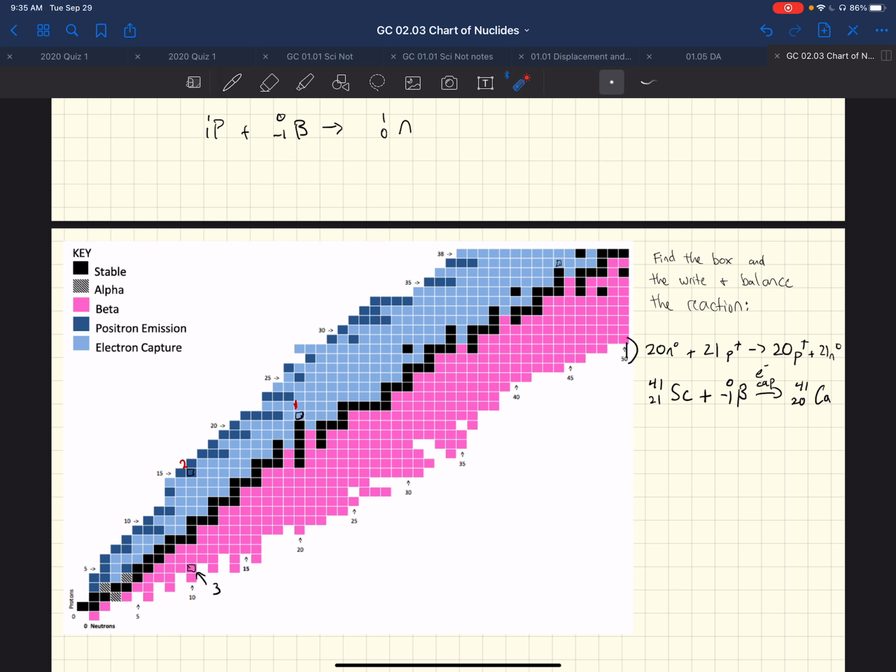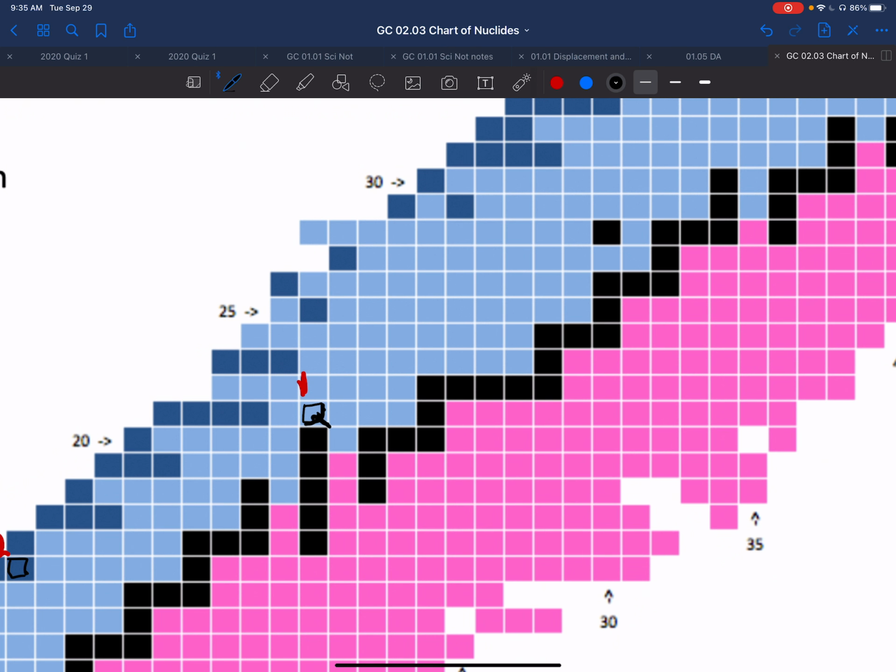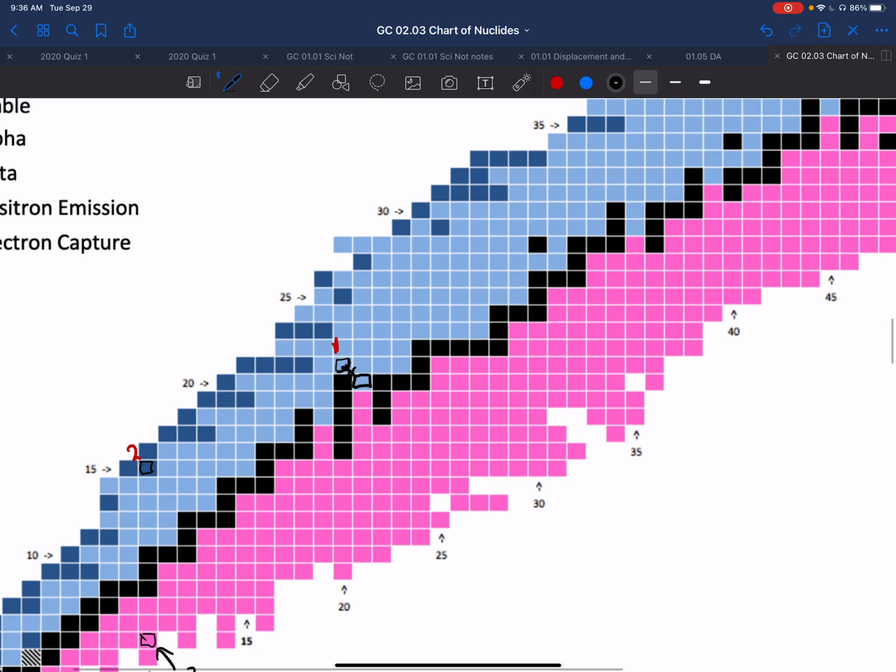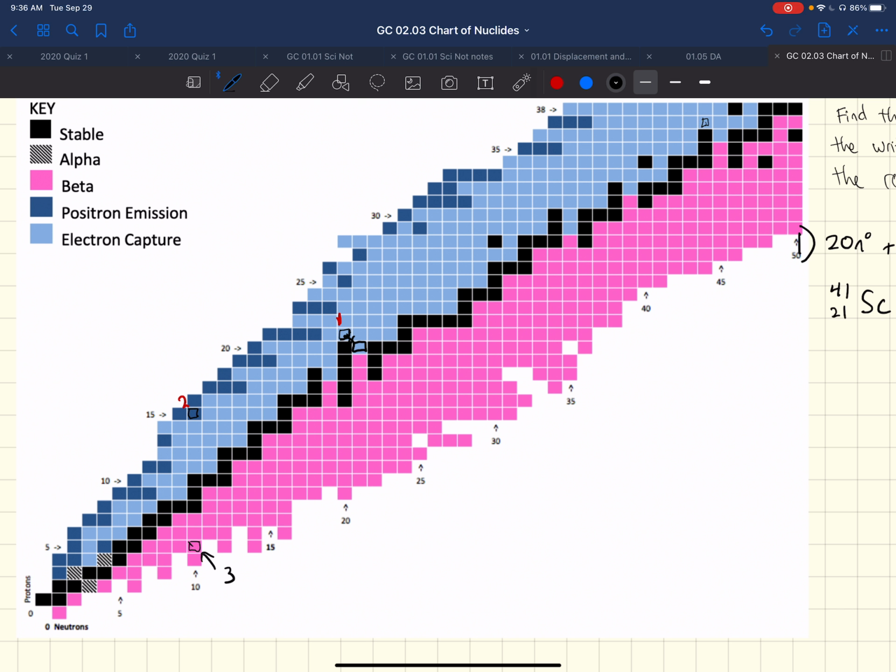So we go down and to the right 1. There's our starting location. Let me zoom in here. We're going to move to this square right here. Now you'll notice that this square is not stable, and I'll show you what to do with that in a little while. But for now, just make sure that you have this down, okay?